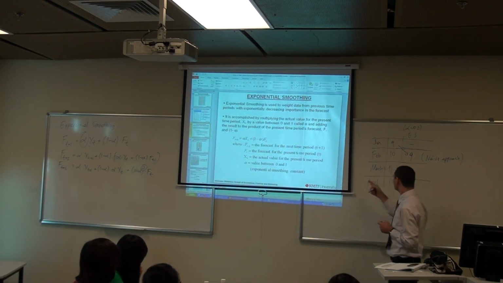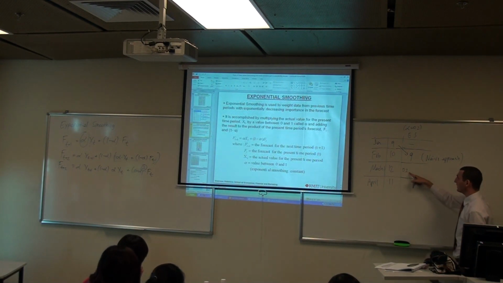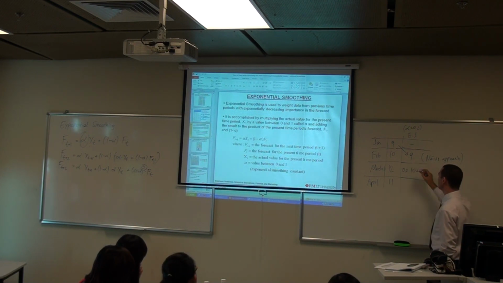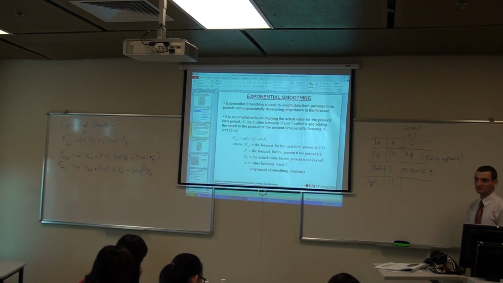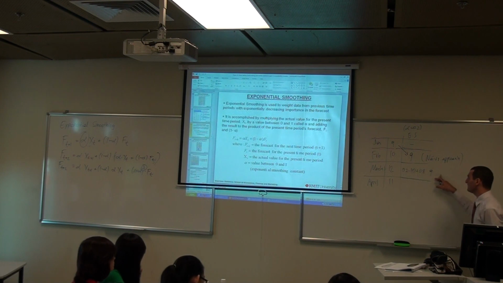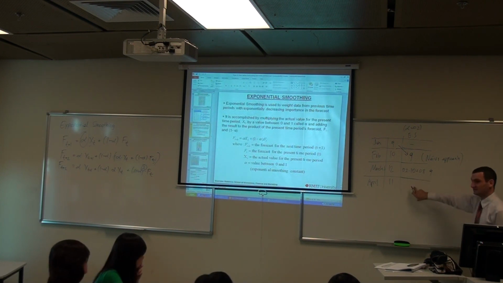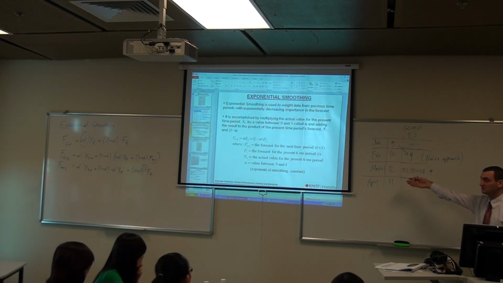Both the same term. So 0.2 times 10 plus 1 minus alpha, which is 0.8, times 9. You must calculate this before you continue, because you need this number for the next step. It's a recurring function.